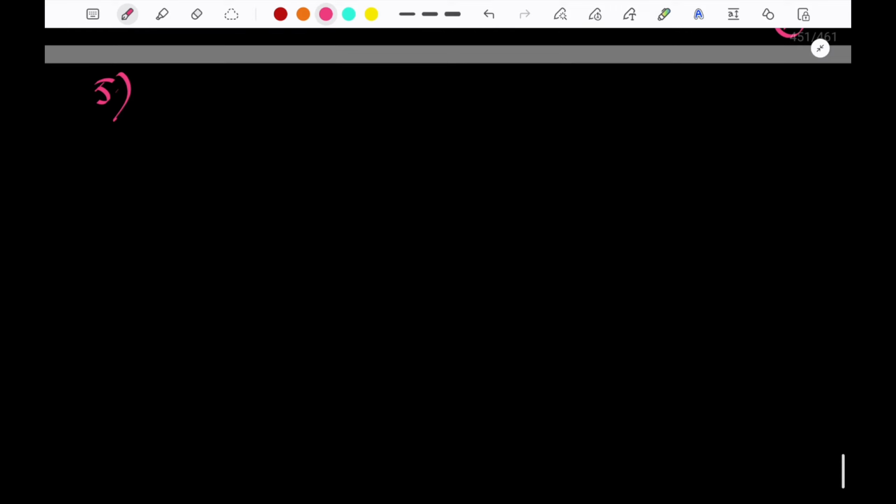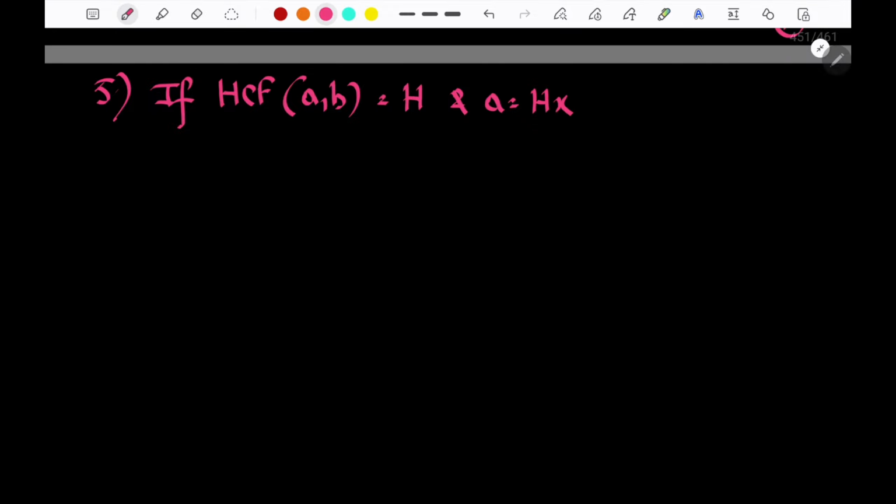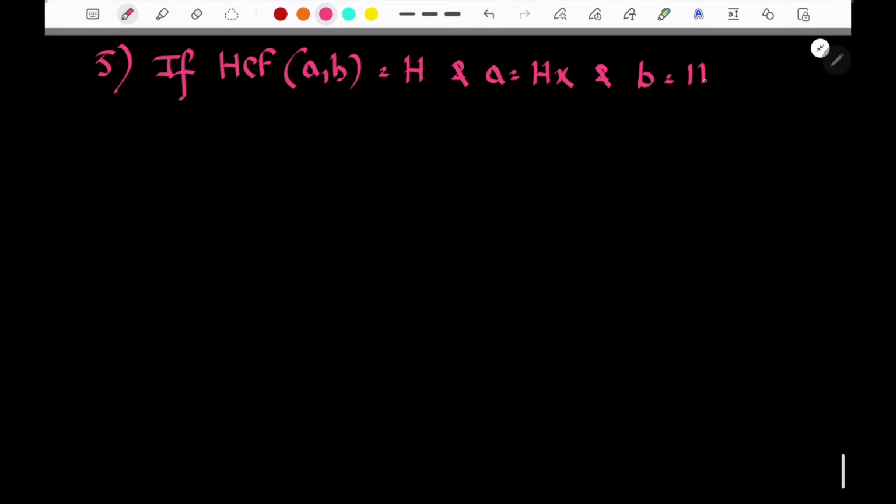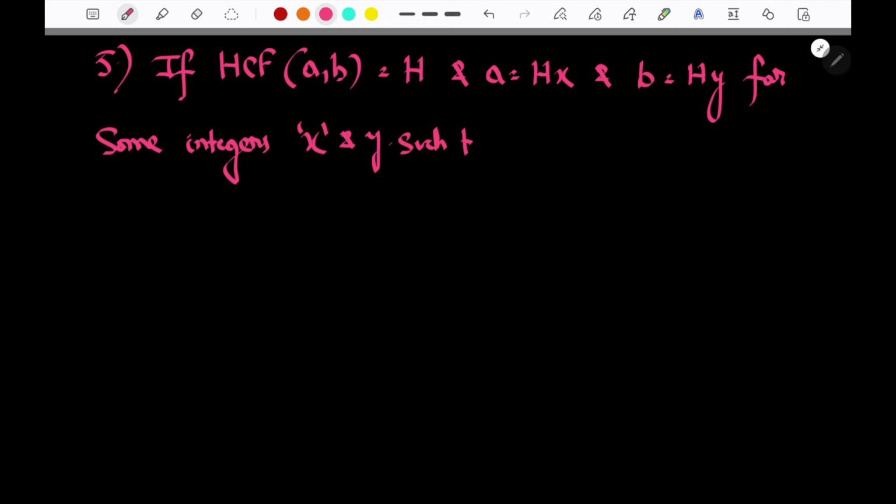It says if HCF of A comma B is equal to H, and A is equal to H of X and B is equal to H of Y for some integers X and Y, then such that HCF of X comma Y is equal to 1.